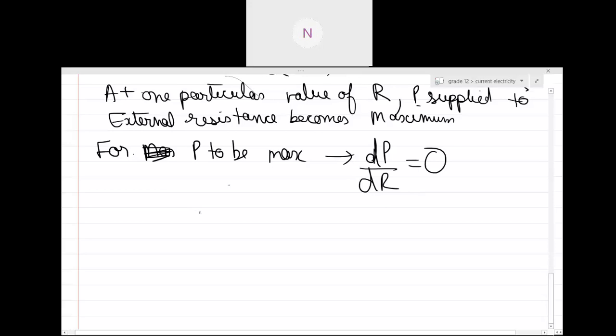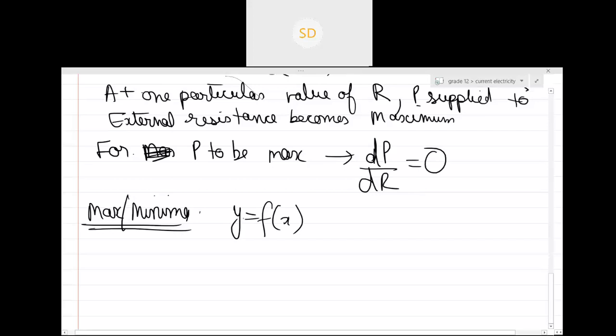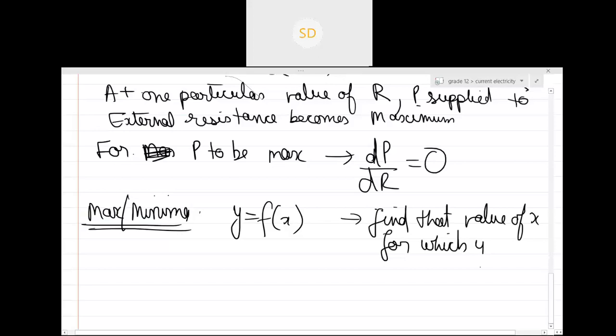For those who don't know the concept of maxima and minima, it is used whenever you want to maximize or minimize a function. Although I think I already covered it in electrostatics, I'm doing a quick revision. Suppose y is given as a function of x, and you want to find that value of x for which y is maximum.